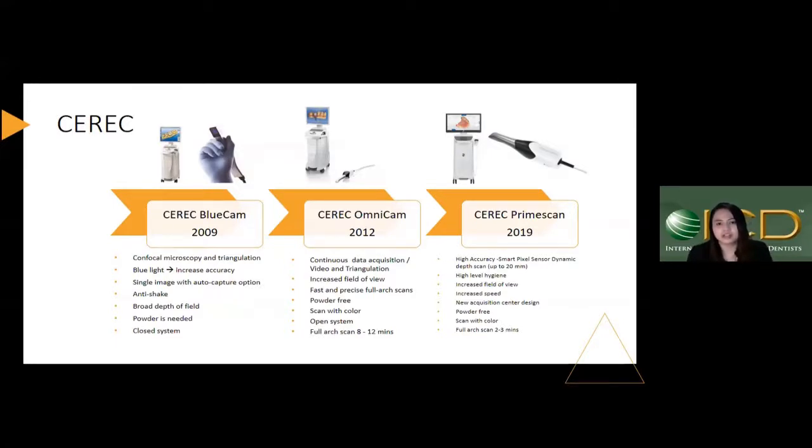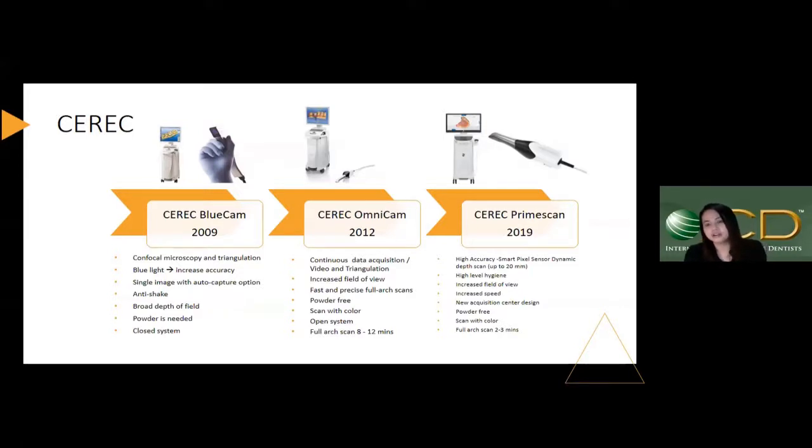But later on, they developed the CEREC Omnicam with video data acquisition and a faster and more precise full arch scan, which is also powder-free and can scan with color. A full arch scan took about 8 to 12 minutes.